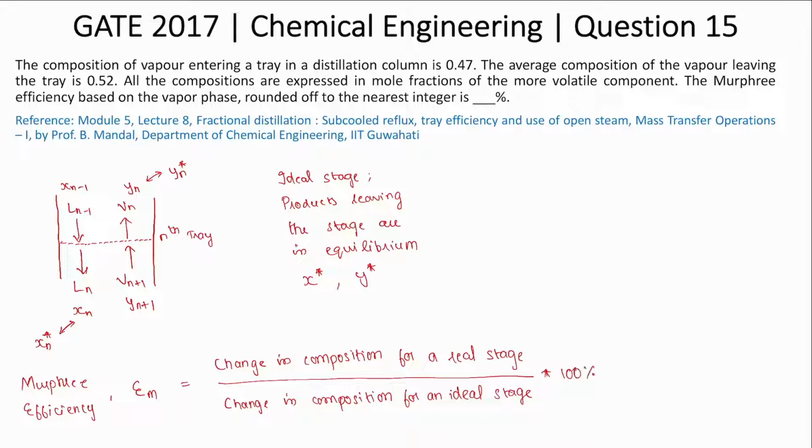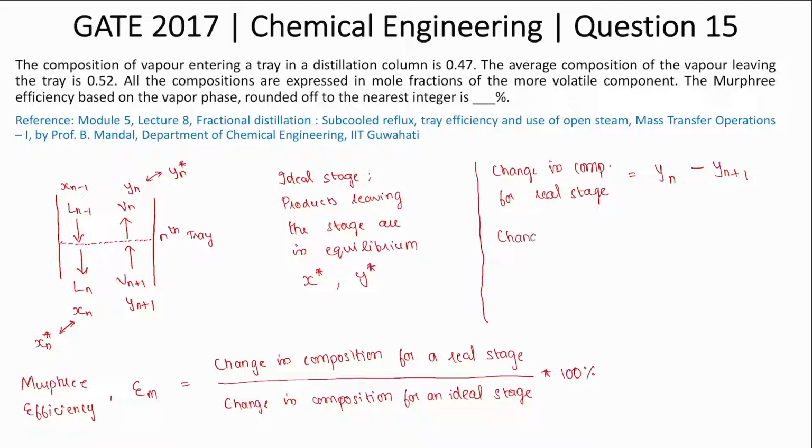If you want to express it in terms of percentage, we multiply by 100%. Here, the change in composition for a real tray in the vapor phase can be written as Yn minus Yn plus 1.